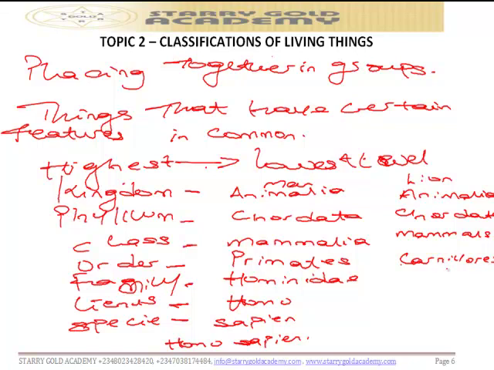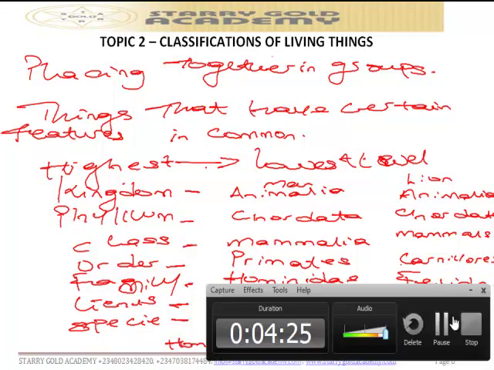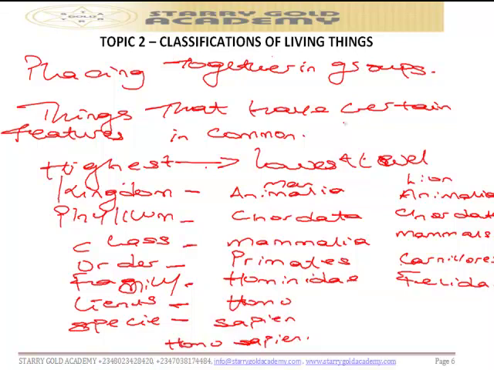So they belong to family Felidae, and the genus Panthera, and the species name is Leo.